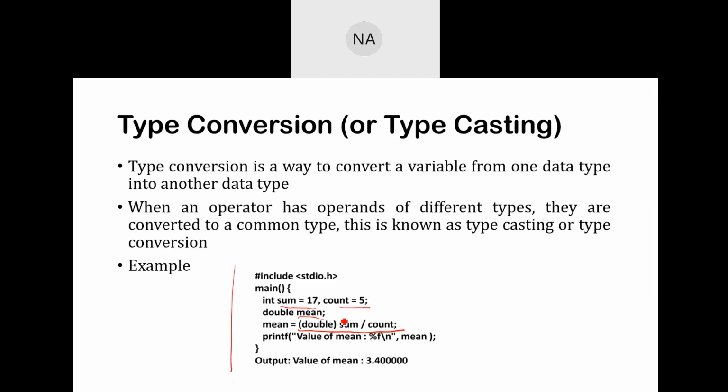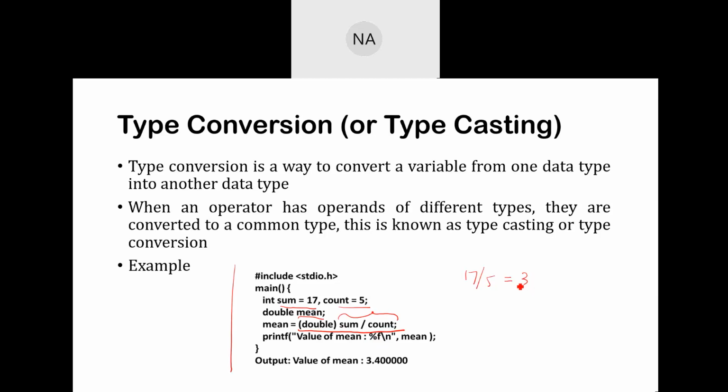First consider this portion of the expression, sum over count. Sum and count are both of type integer, so this division is integer division. If you divide 17 by 5 with integer division, the output will be 3.